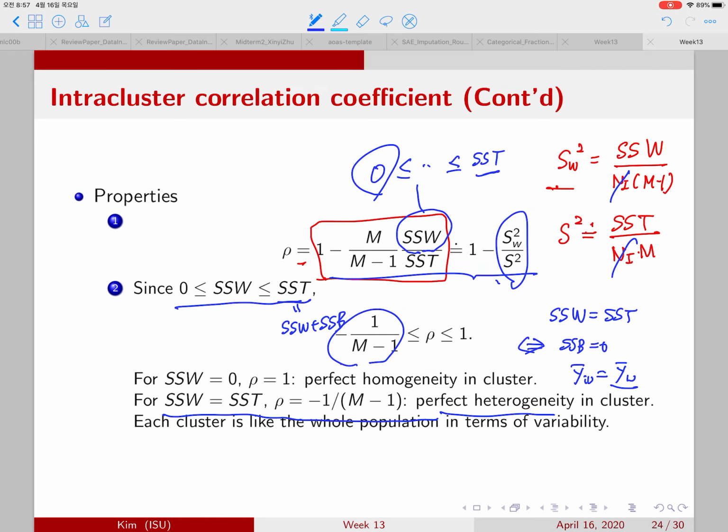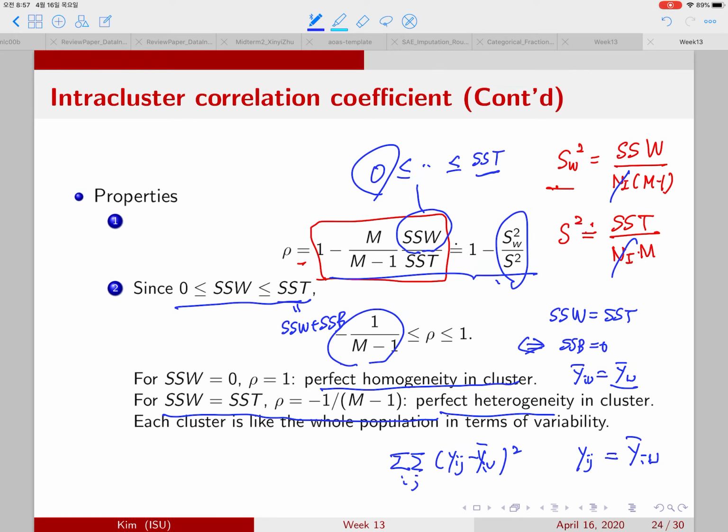The other extreme is that SSW is 0. So what is SSW? SSW is Yij minus Y bar i. So that means every element in the same cluster is equal, right? So that means perfect homogeneity in cluster.